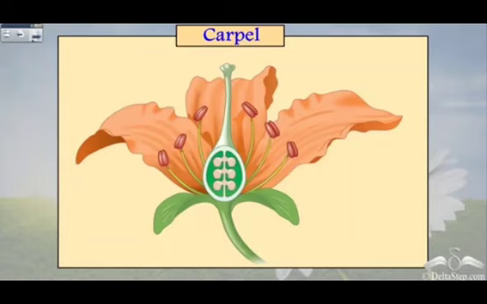See, each of these parts is known as the carpel, and the gynoecium might have one or many carpels. So, the first part of the carpel we see here is the top part. See, it is just like the top of the round bottom flask. What is this known as?